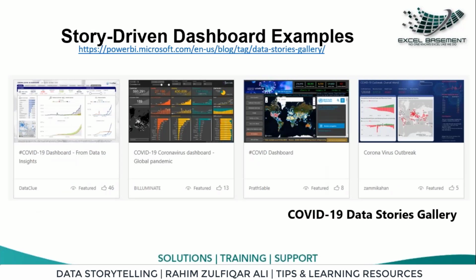Recently, I also got some dashboard designs from the Power BI website. As we know, we are going through these unprecedented times, a very hard time, with the COVID-19 issue.